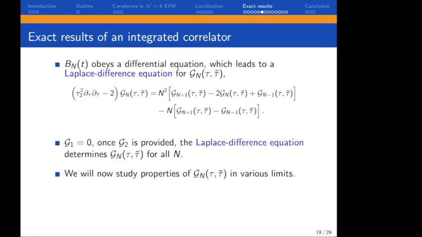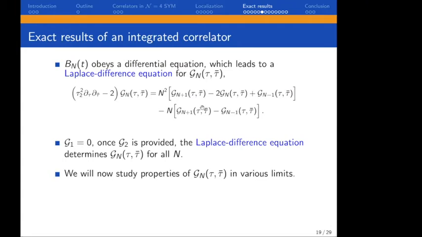Right, so I mentioned earlier that that rational function looks a bit random. However, it obeys certain differential equations. Again, I won't bother you with the details, but that differential equation eventually leads to differential equations for the integrated correlator. And that I summarized here.